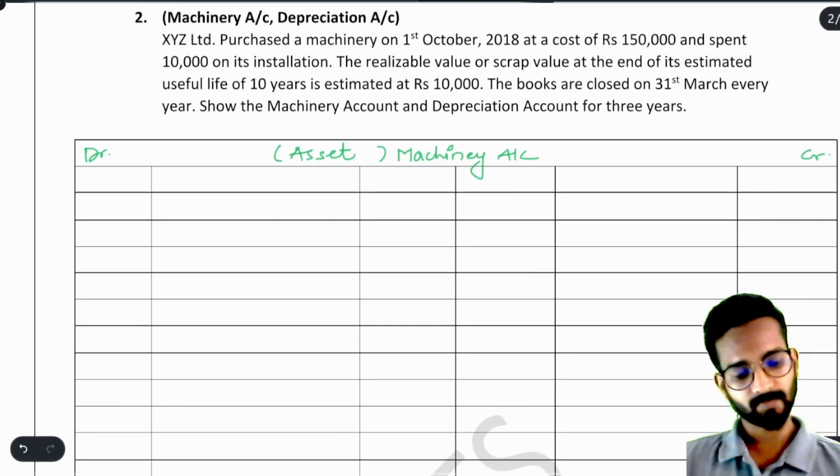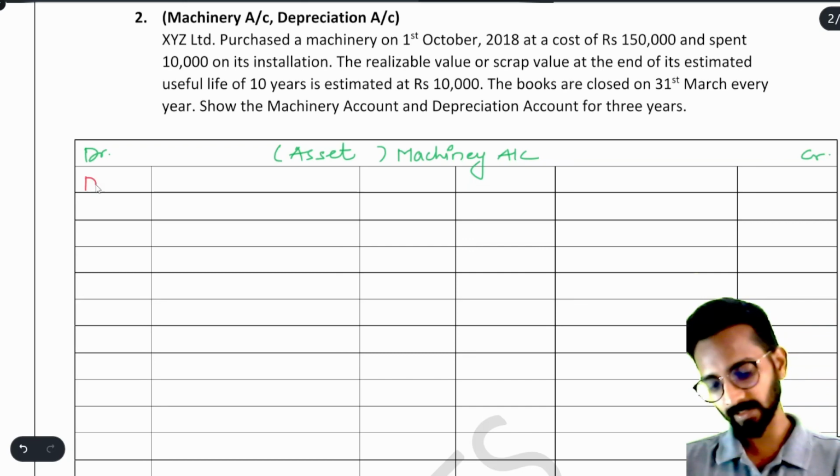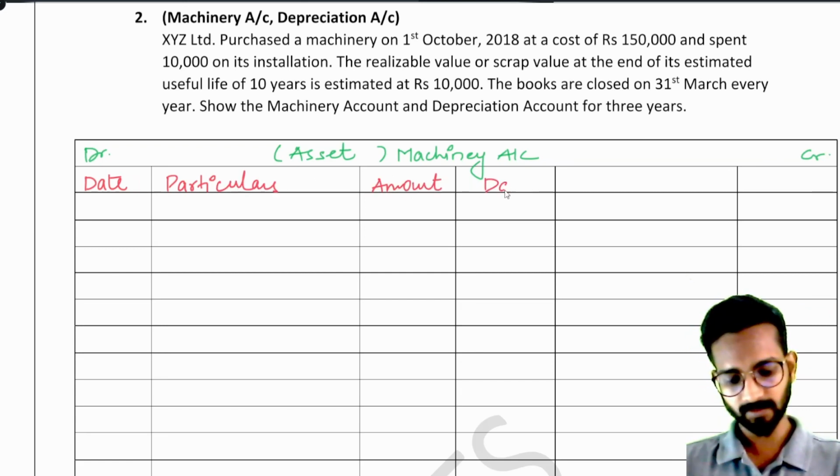Now, we have purchased machinery on 1st October, so you can write here to complete the format first. We will write here date, particulars, amount, date, particulars, amount.